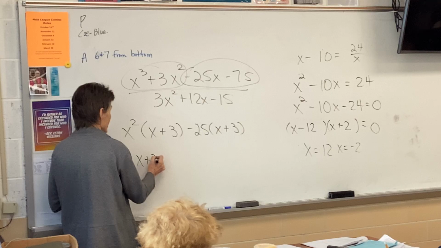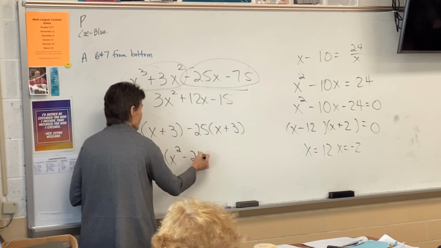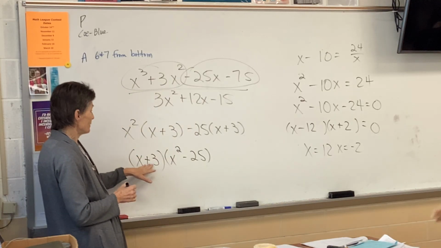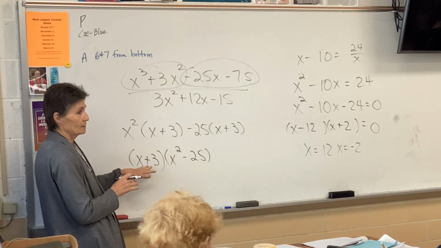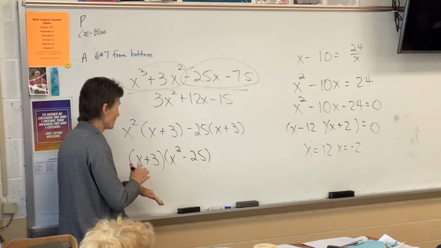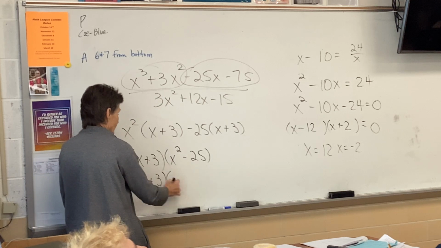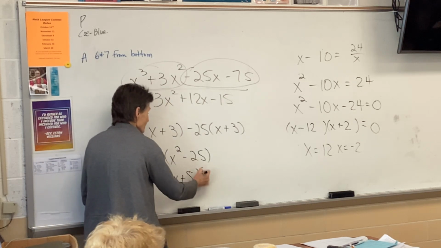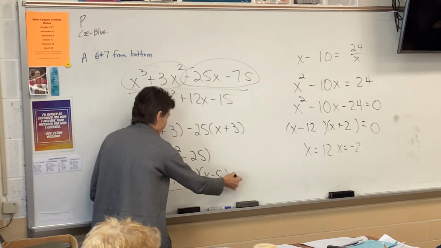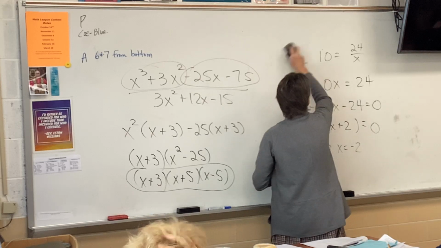X plus 3, and then x squared minus 25. Now notice when I wrote that down, that's not squared, that's just x plus 3. And then what about x squared minus 25? Plus 5 minus 5? So this is my numerator. All that was just the numerator. Now I still have to do the denominator.